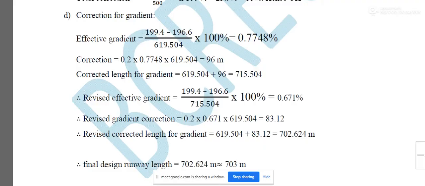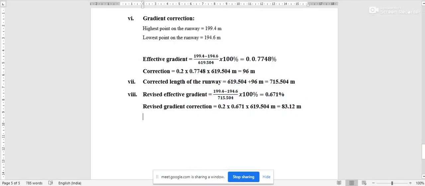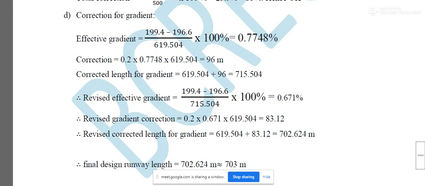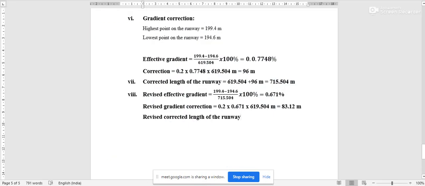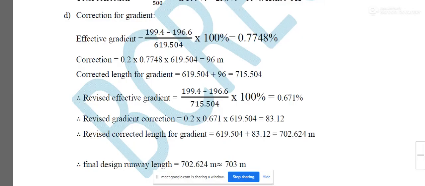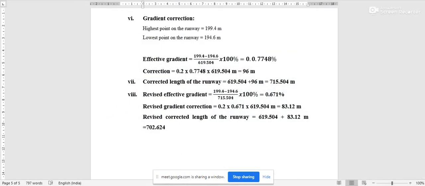and finally the revised corrected length of the runway is equals to 619.504 plus 83.12 meter equals to 702.624 meter.